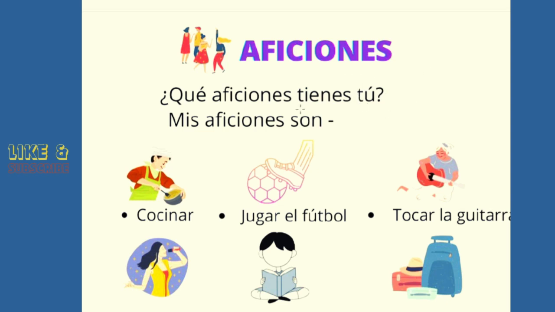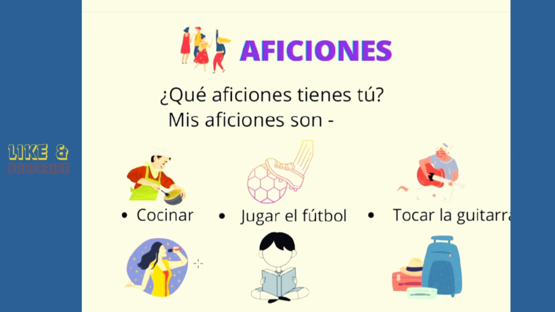What hobbies do you have? Then the answer is: Mis aficiones son. My hobbies are, first is cocinar, to cook, jugar al fútbol, to play football, tocar la guitarra, to play the guitar, cantar is to sing, leer is to read, and viajar is to travel.